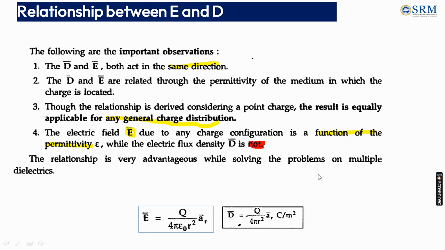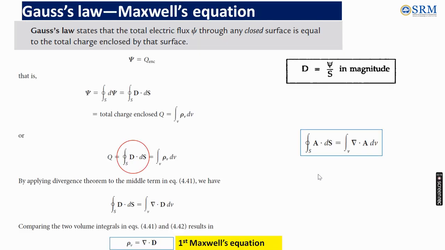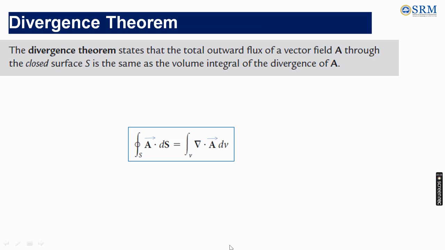Now let us learn about Gauss's law, from where we will arrive at the first Maxwell equation. To do that, we have to apply the divergence theorem. Let us see what the divergence theorem states.